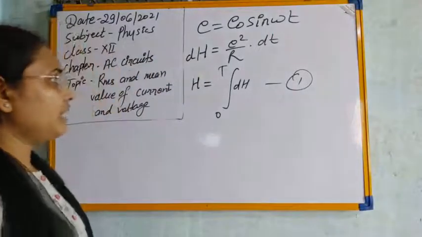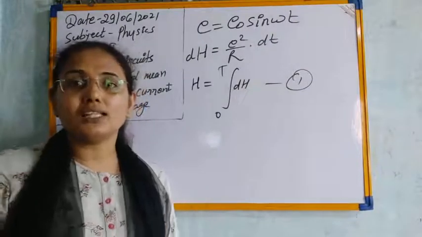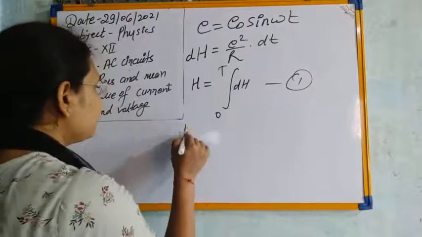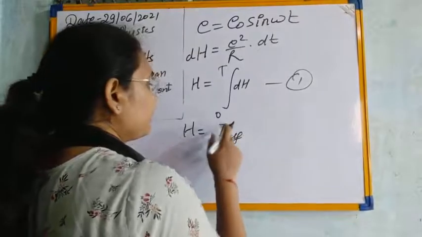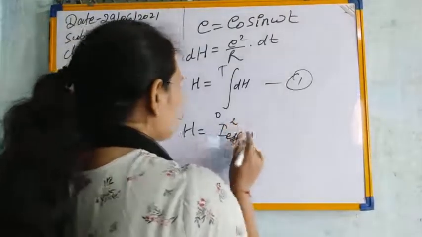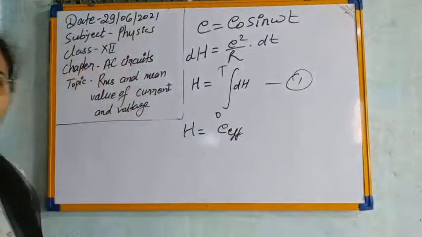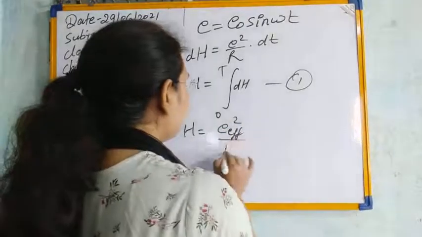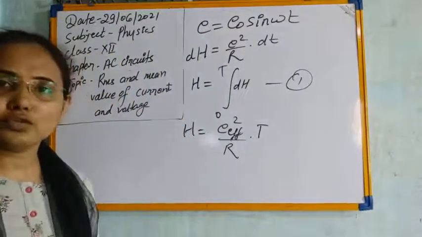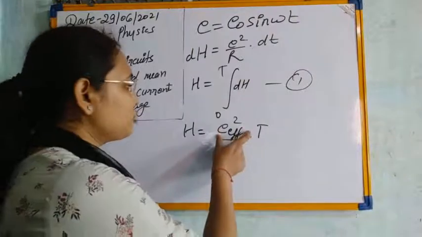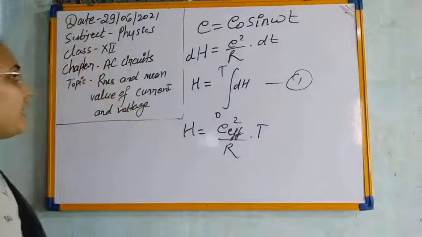So let's find the heat produced by the DC in time T, from 0 to T. The heat produced by the DC, where suppose I effective is the current flowing in DC, is equal to I square RT, or if we write it in terms of effective voltage, E effective square upon R into T. So let's write down this value now.